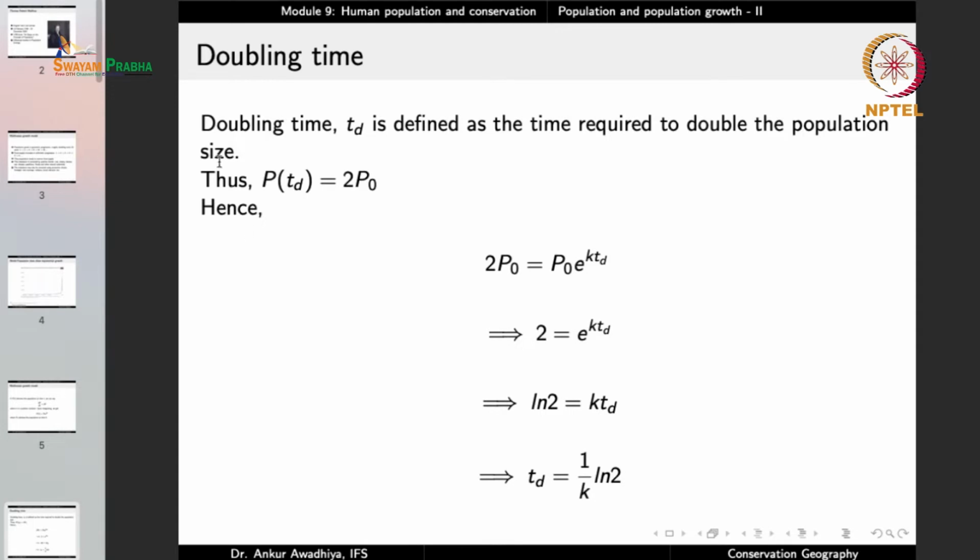Now the important thing is we can calculate the doubling time with this. Doubling time is defined as the time required to double the population size. That is, p at time td, which is the doubling time, is twice the initial population.